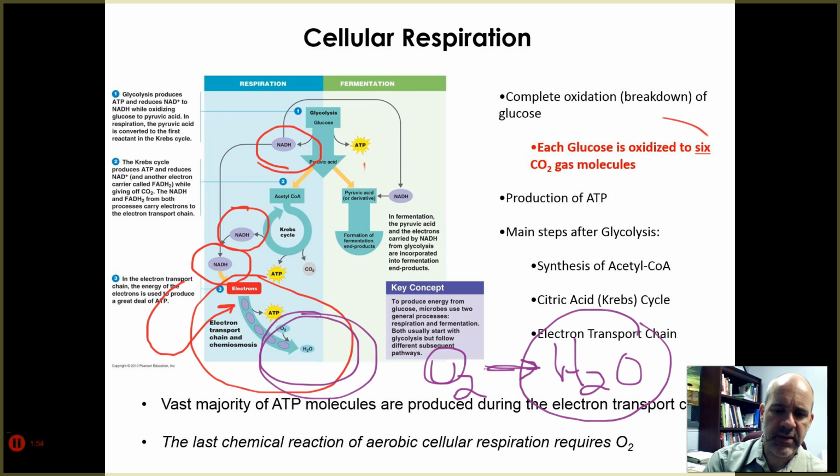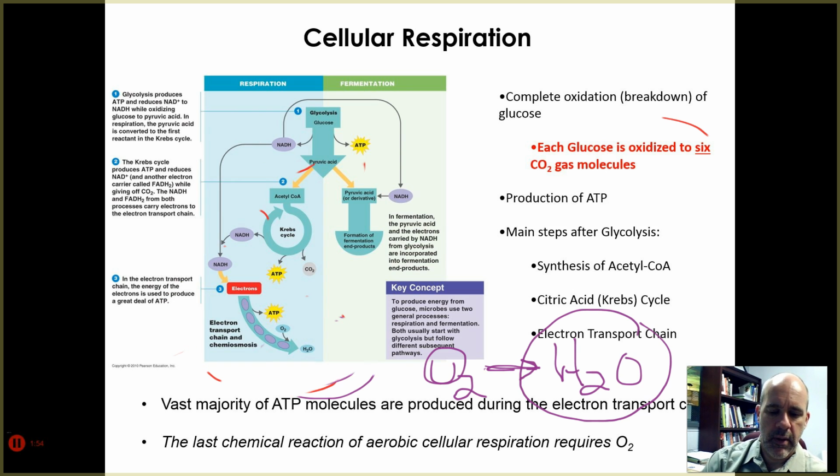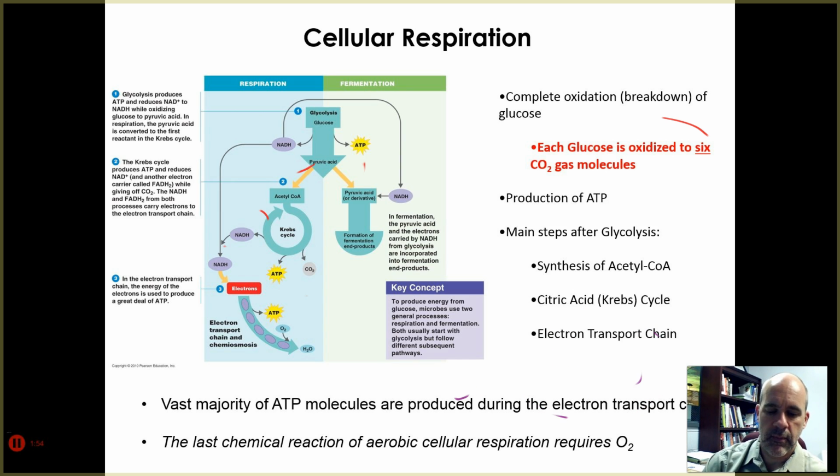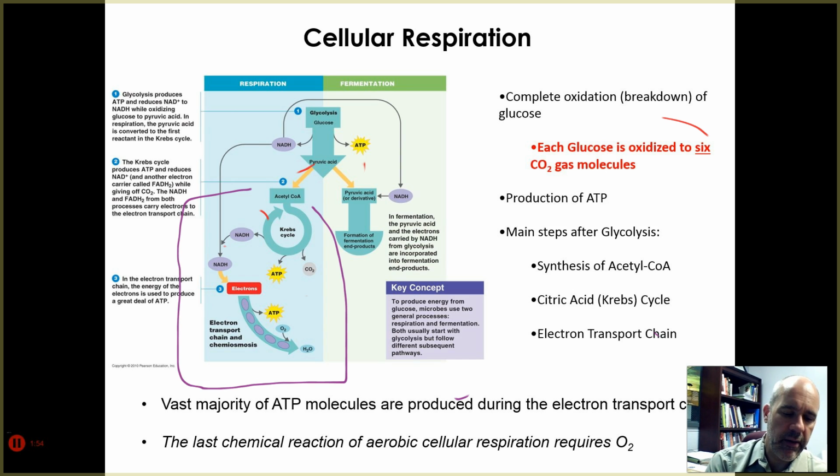All right, so something else I want to point out over here. If you are an aerobic organism, these processes require O2. So we sometimes call these aerobic processes.